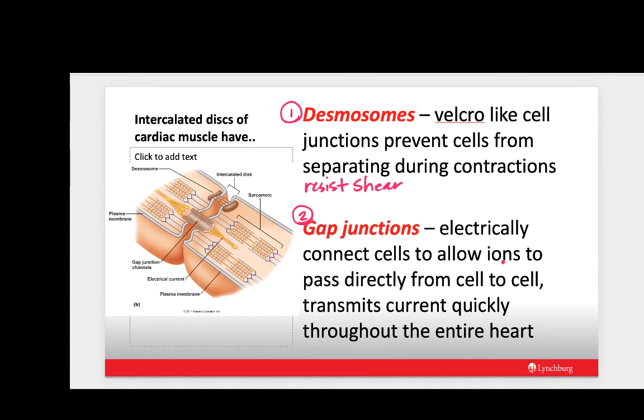Ions are able to pass directly from cell to cell through little corridors called connexons. This allows ions to flow directly and quickly from cell to cell, and this enables the current, the action potential, to pass quickly through the entire heart so that the heart contracts all at once.